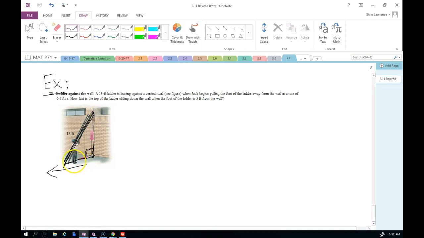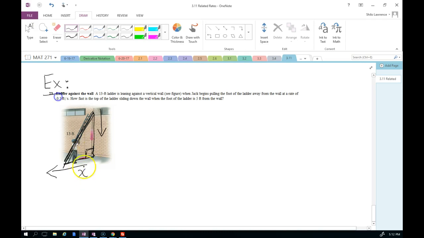So if we're going to pull the bottom out, that is simultaneously going to pull the top down. And we know how fast the bottom's being pulled out, and we want to know how that's going to affect the top coming down. So there's two different variables here, and we need to label them.